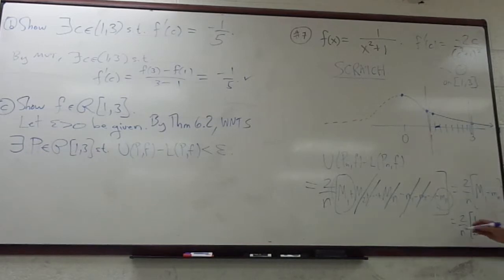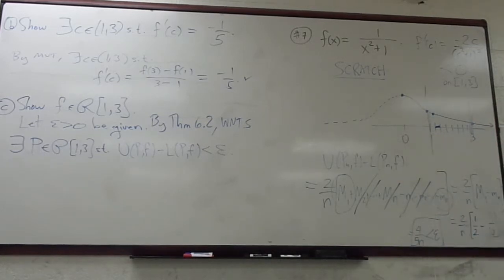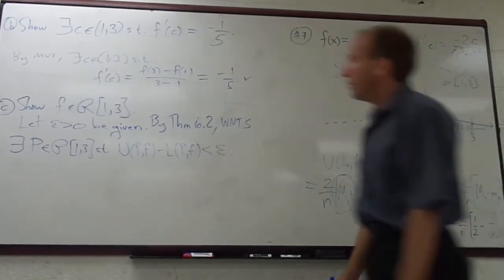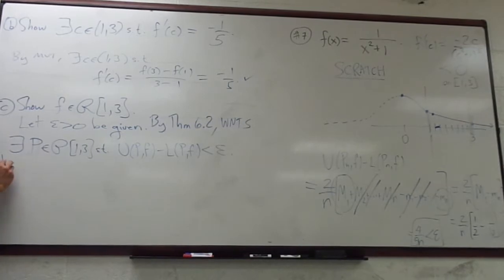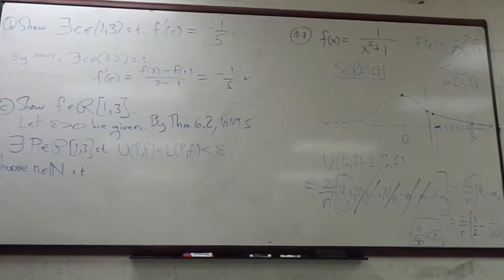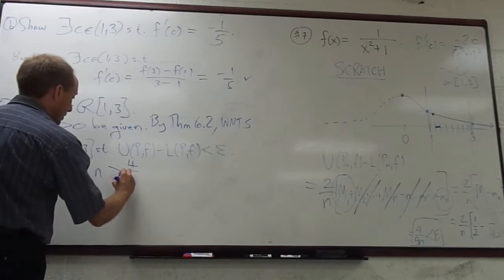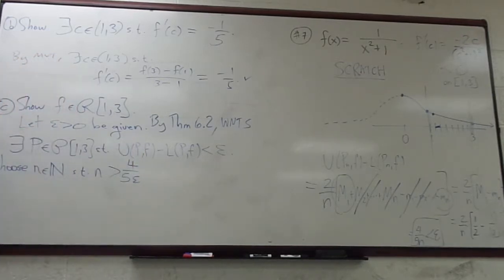And all of that comes out to, is it just 4 over 5n? 4 over 5n, and we just want that to be less than epsilon, basically. Okay? So over here then, what we do is we just simply say choose a natural number n such that n is greater than 4 over 5 epsilon, I believe. Right? Okay, good.